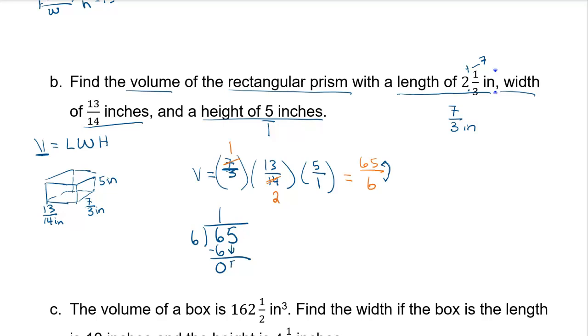I drop the 5 down. Well, 6 goes into 5 0 times. So I have 0 and 5. So my fraction is 5/6. So my answer is 65/6 inches cubed, or 10 and 5/6 inches cubed. And that is your final answer.